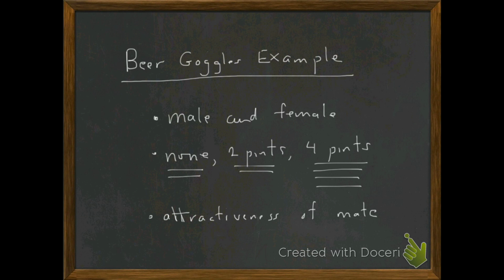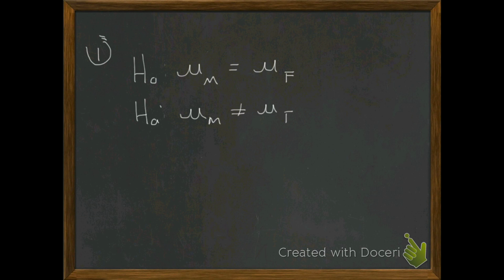So what they essentially wanted to do, and I'll read this a little more in just a second, is if we think about step 1, looking at the null and alternative hypothesis, they first of all wanted to test if there was any difference in mate selection across males and females. All right, no comments.